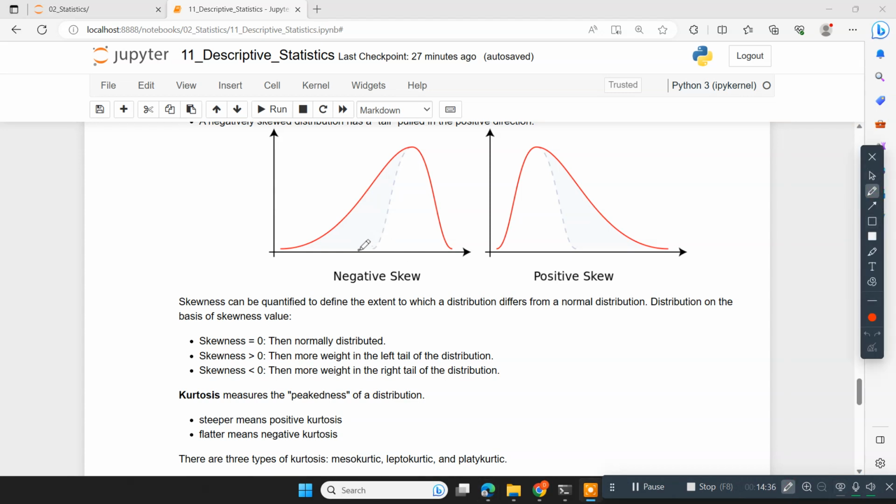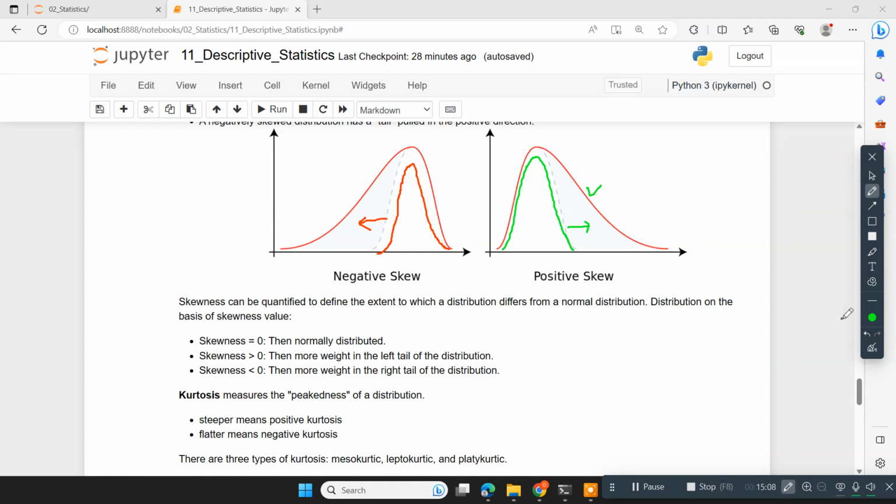Let's say this is normal, but this slope is towards the left side, so this is left skew or negative skew. And here this is normal, but there is a slope towards the right side, so this is right skew or positive skew.